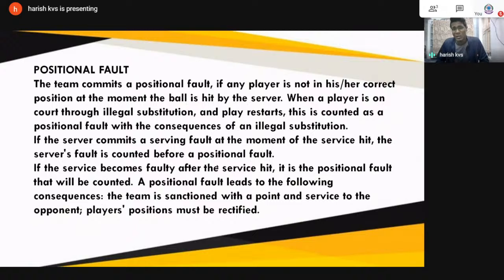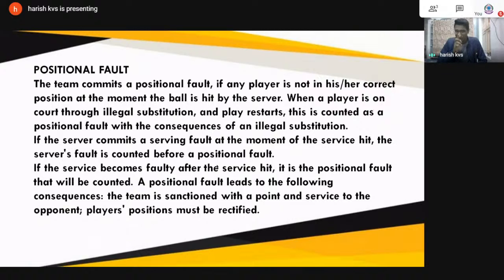When a player is on court through illegal substitution and play restarts, this is counted as a positional fault. These faults are keenly observed by the officials. As you can see, positional faults are committed just because the players of a team do not follow the basic rotational positions.